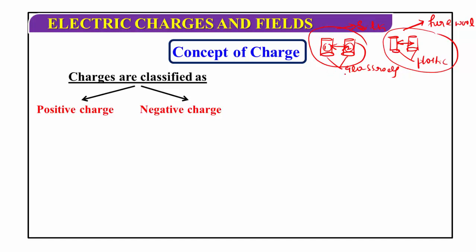But in the third case, a rubbed glass rod and a rubbed plastic rod are attracted towards each other.